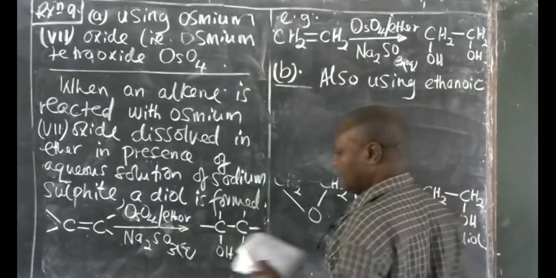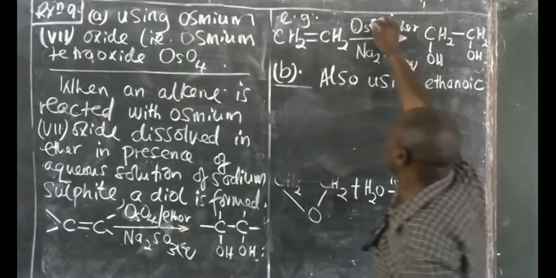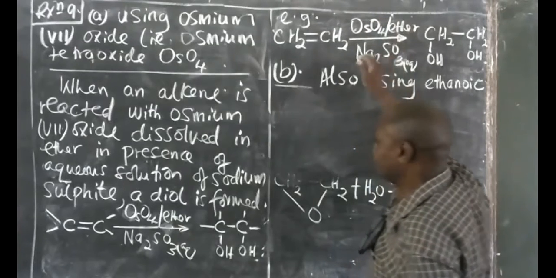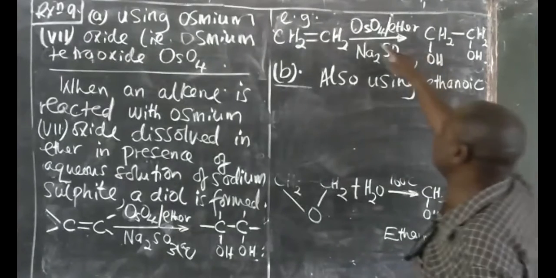Excuse me, yes. The chemical symbol, is it Os or O5? Os, osmium. Osmium 7 oxide or osmium tetra oxide is OsO4.